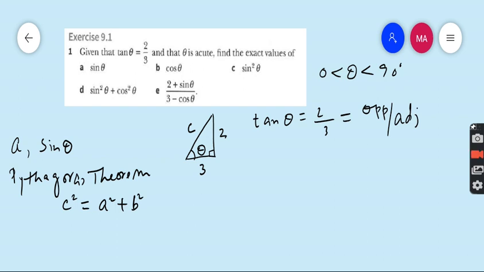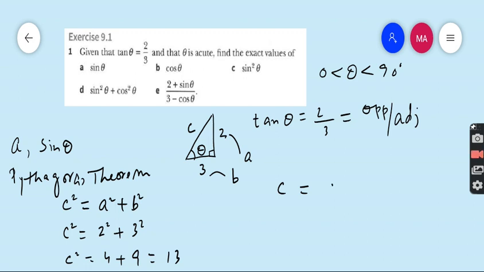So I assign the name C. So C square is equal to, what is A? A is 2, so 2 square. What is B? B is 3, 3 square. So C square is 4 plus 9, which is 13. So C square is 13, and if you remove the square, you have to take the square root on the other side. So the value of C is root 13.